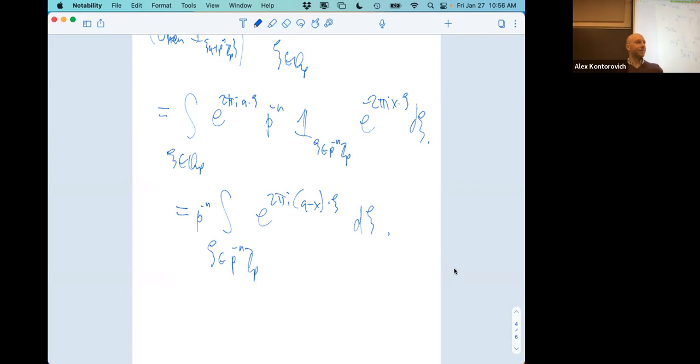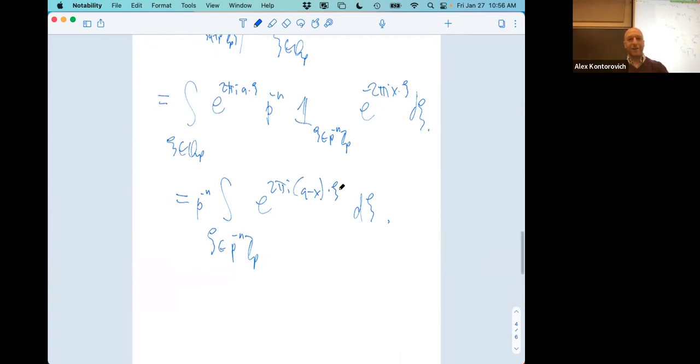Does that make sense? If only we knew how to integrate stuff like this. It's exactly the same formula, right? The indicator function of a character, now it's integrating c instead of x, but it just depends on whether this a minus x is in p to the n Z_p.